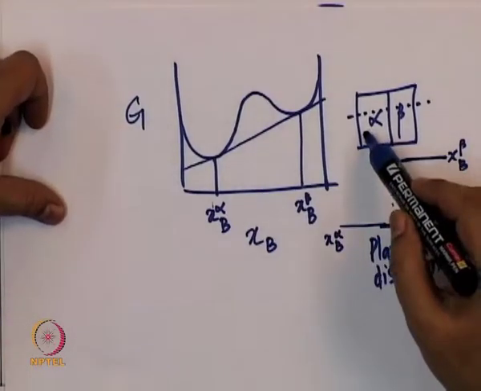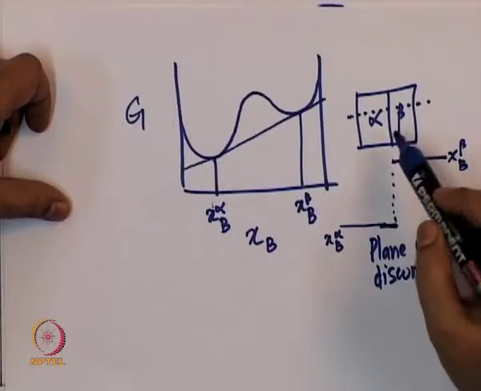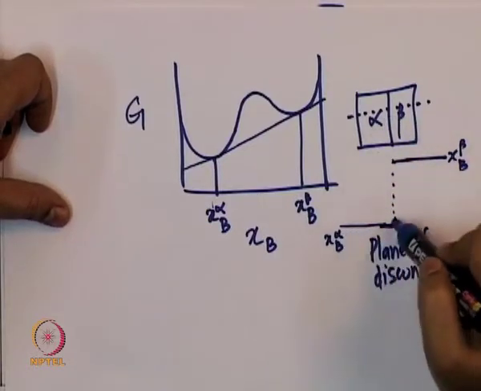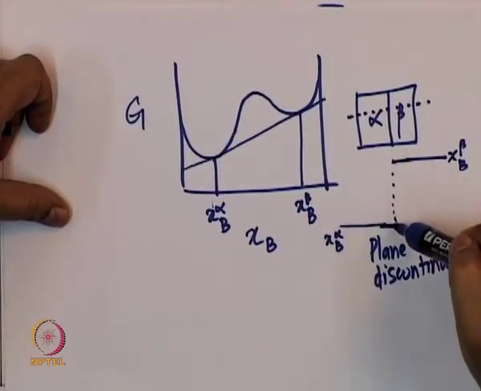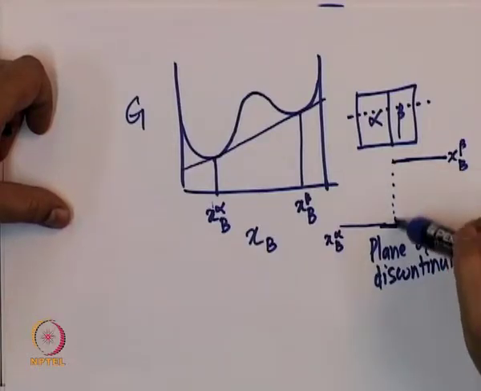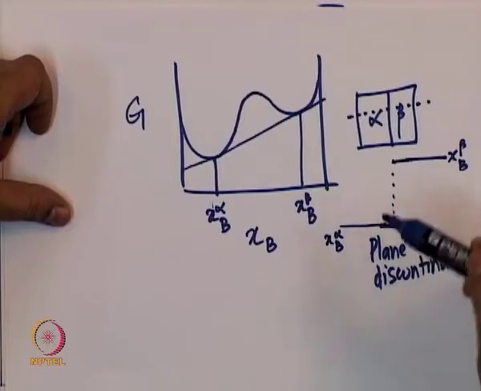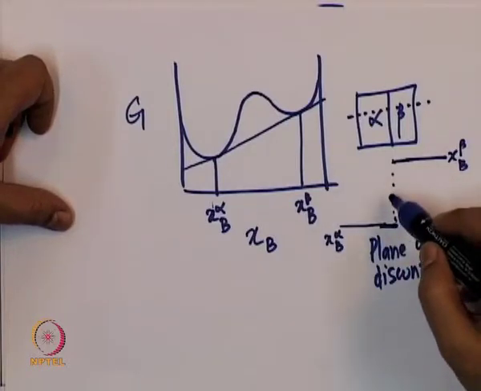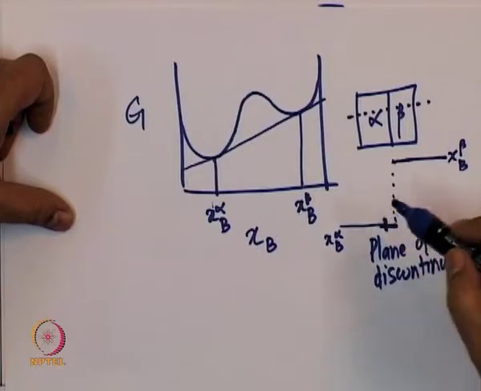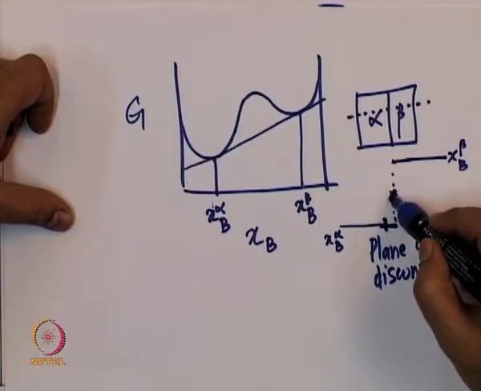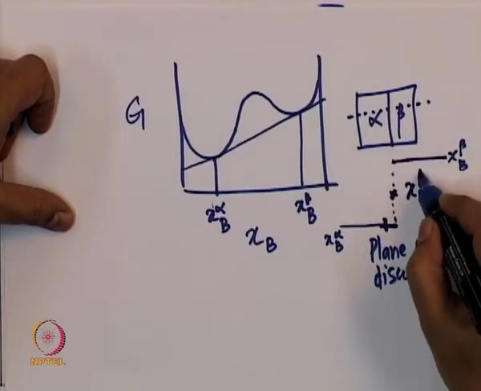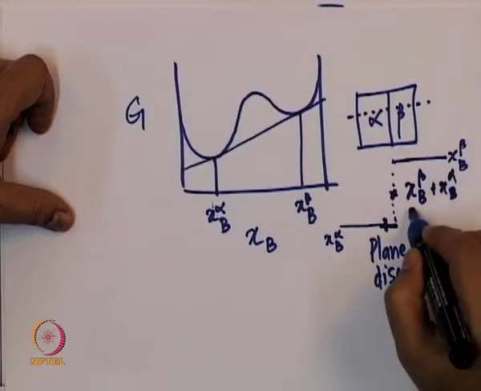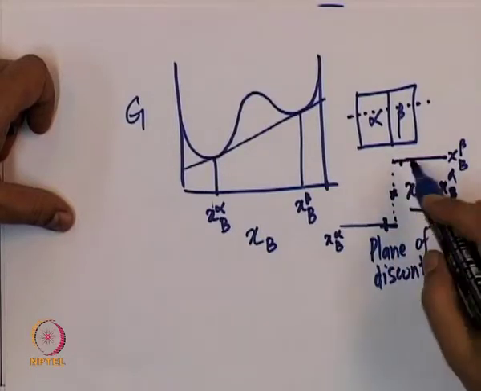However, there is a problem with this kind of assumption, because we see that there is a discontinuity in composition. That means there is a sudden change in composition, and that can actually contribute some energy. To understand this better, for example, suppose I said that up to this plane it is x_B^alpha, and there is an intermediate plane which has a composition which is an average of these two compositions, (x_B^beta + x_B^alpha)/2, and from here it is x_B^beta composition.